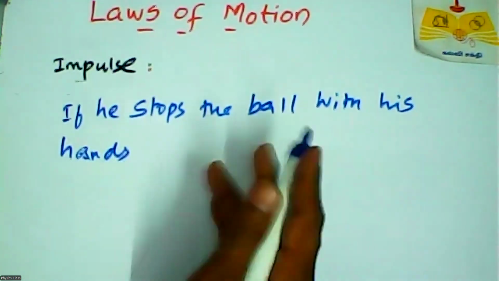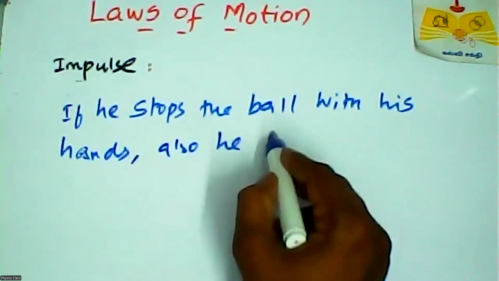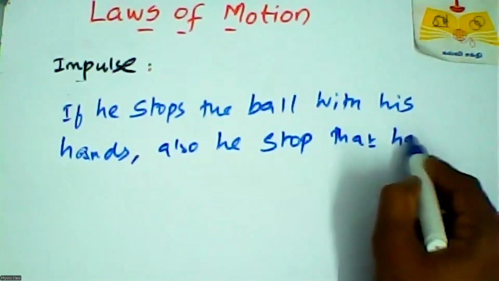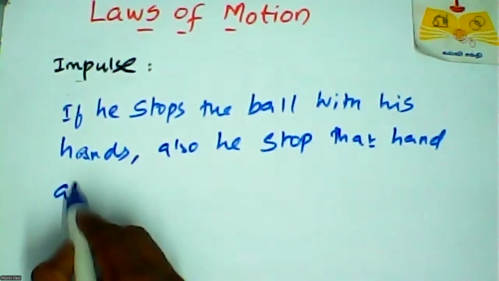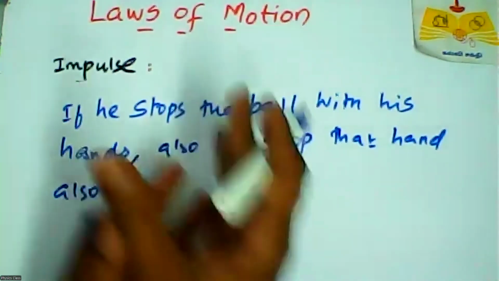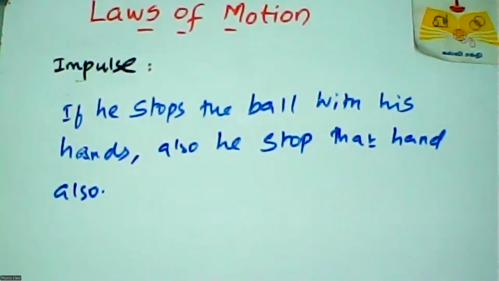if he stops the ball with his hands, but also stops that hand, he does not move the hand in the direction, the hand just stops. So the ball comes to rest very quickly.